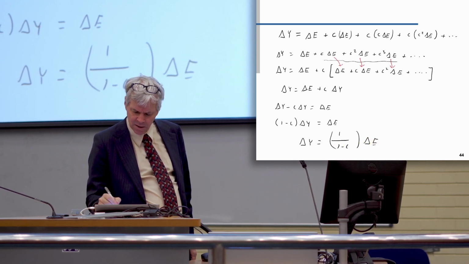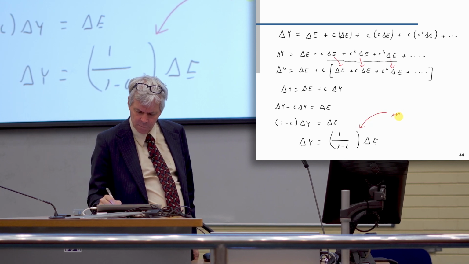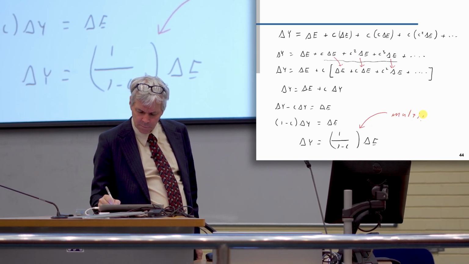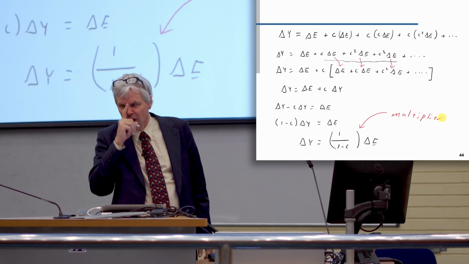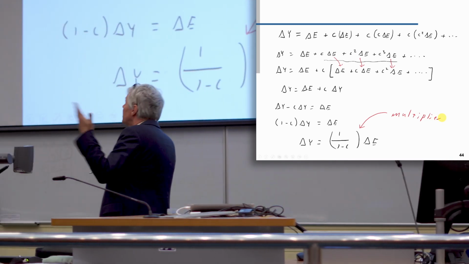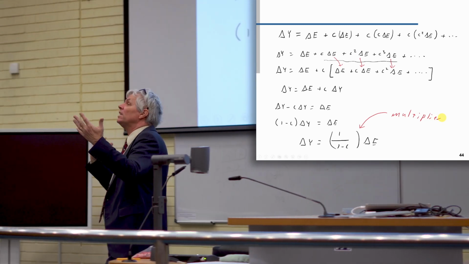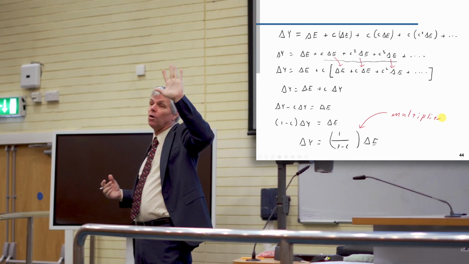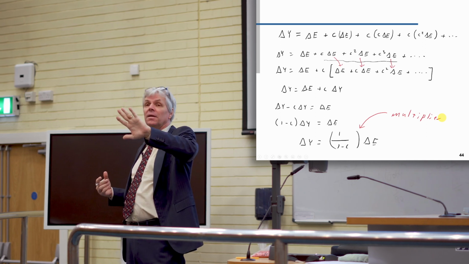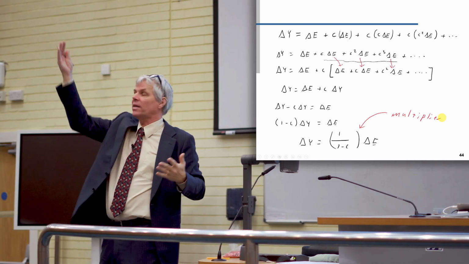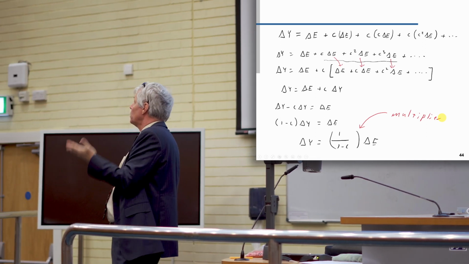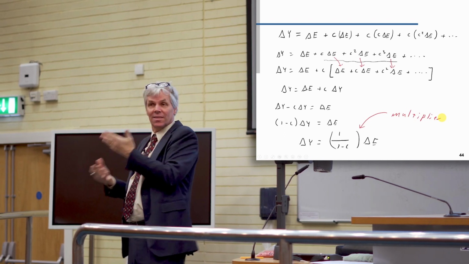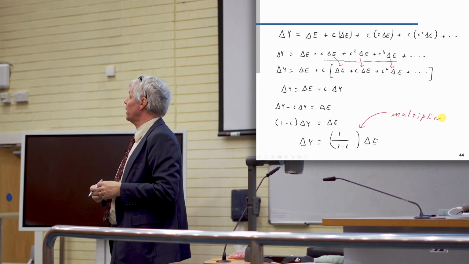And again, this is our multiplier. Okay. So it's this infinite series thing, but then it ends up being just what we had before. Remember, before we had y was equal to 1 over 1 minus c times e. Now we're saying the change in y is equal to that same thing times the change in e, which is not shocking because if the thing itself is that way, the change has to be that way as well.